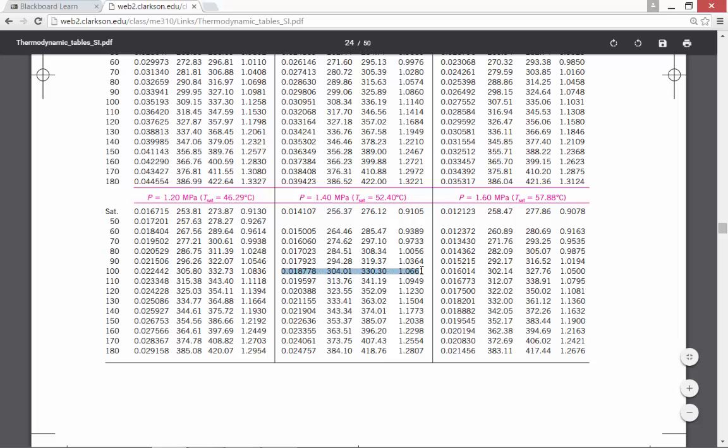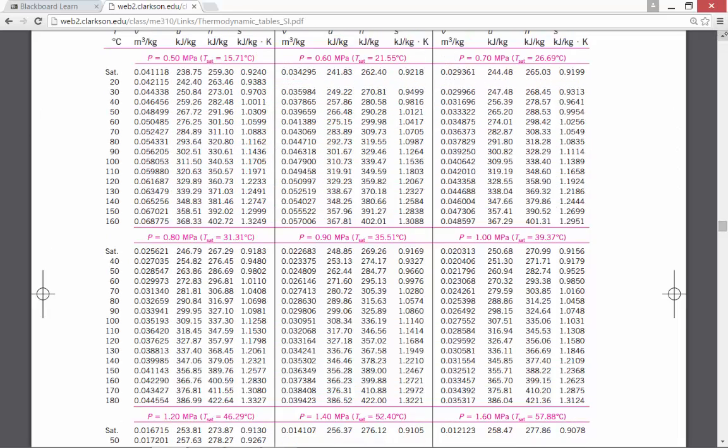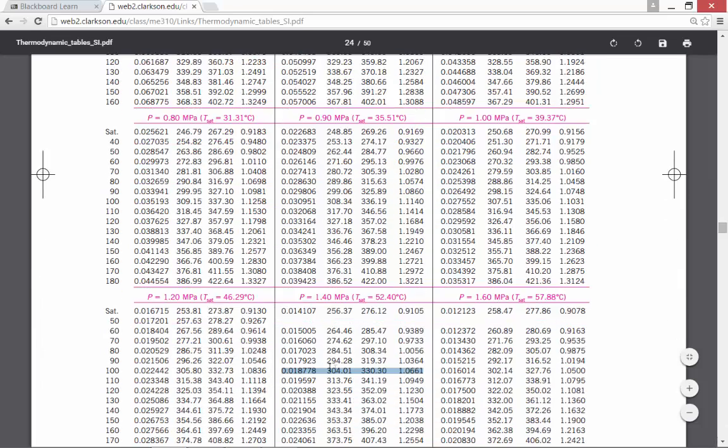Exactly, this is what I'm looking for. So I can find u, and the first column is v, then u, then h, and then entropy s. I'm looking for u and I'm looking for h. So this is 330.